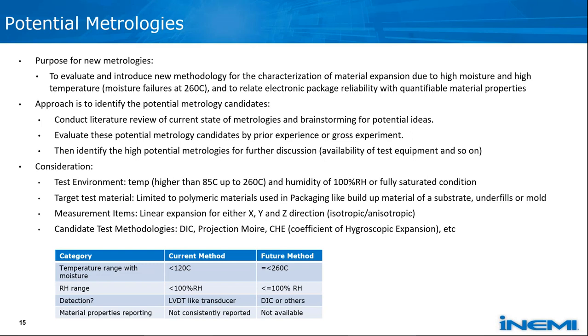The main considerations for the metrology will be mainly to increase the temperature range for these high humidity conditions. And the materials, we are focused primarily on polymeric materials that are used in electronic packaging. Next page.